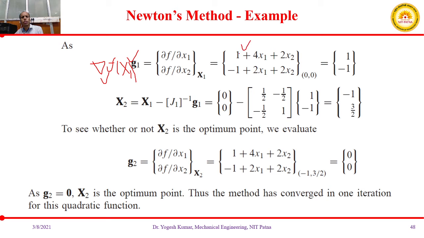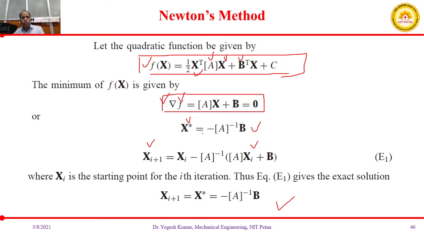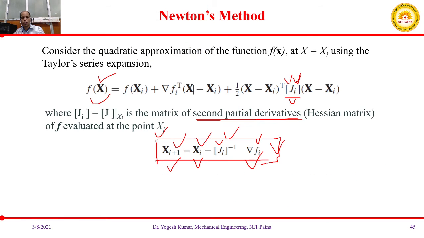So this is 1 plus 4x1 plus 2x2, minus 1 plus 2x1 plus 2x2, evaluated at 0, 0. So the gradient of the function at x1, what is the value? It is coming 1, minus 1.